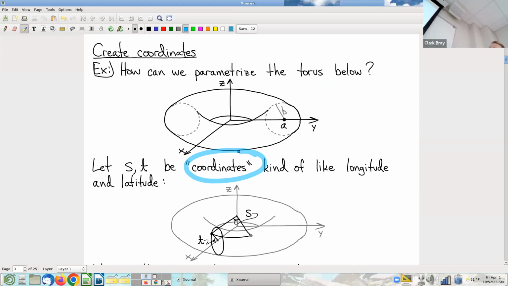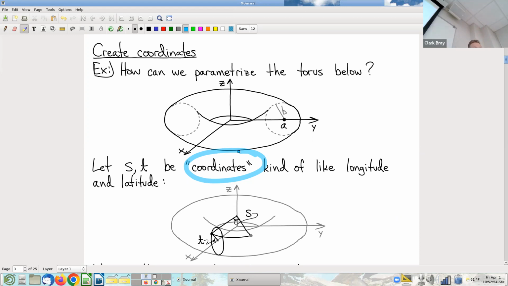If you were going to describe location to someone, here are the numbers that describe where I am on the surface of this torus. How would you do it? For example, on the surface of the Earth, there's a well established way to describe where you are: longitude and latitude. It's two numbers. You communicate those two numbers to me and I know how longitude and latitude are defined, and there I am.